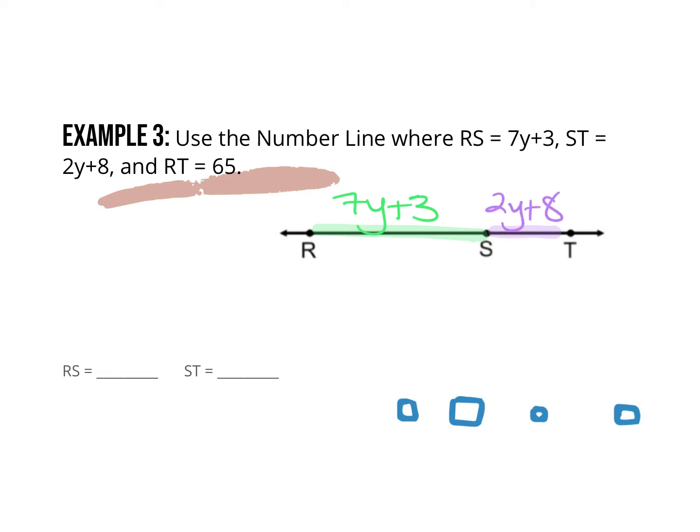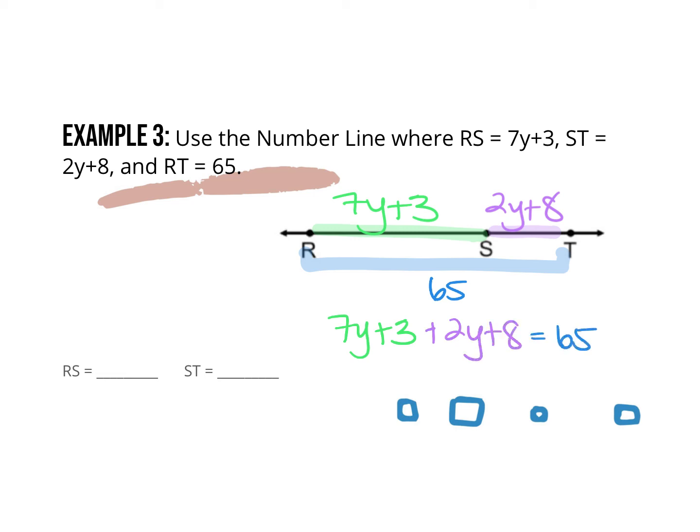And RT, which is this whole thing, is 65. S is between R and T, given the picture. Again, this is just segment addition, so small plus small has to equal big. So 7y plus 3 plus 2y plus 8 has to equal the whole thing, which is 65.